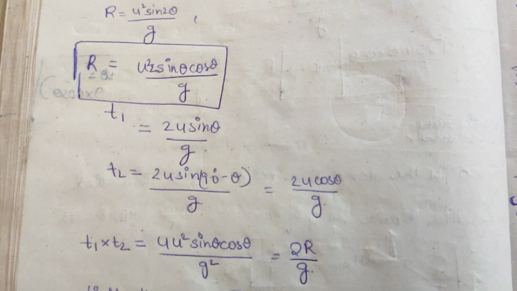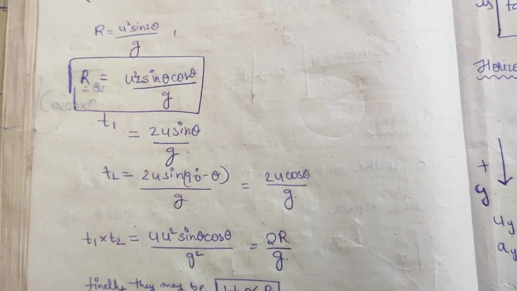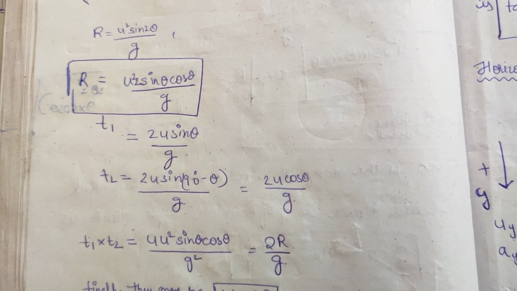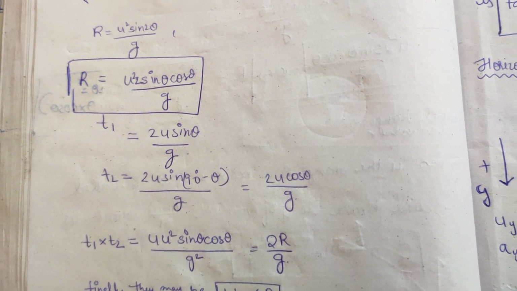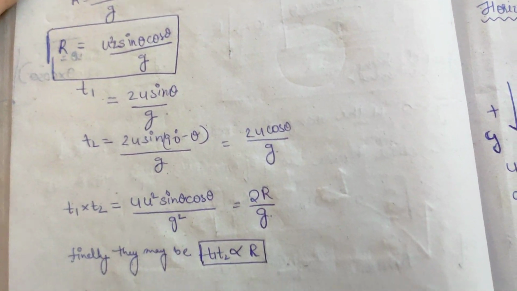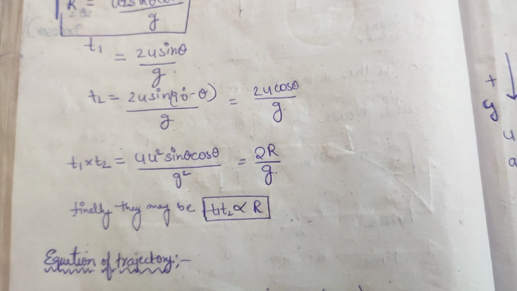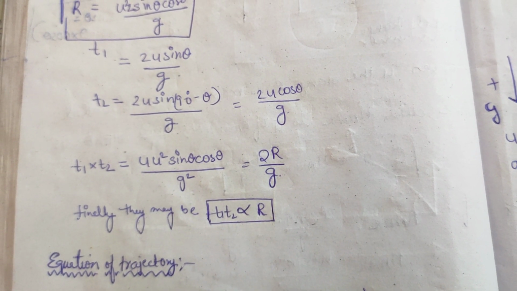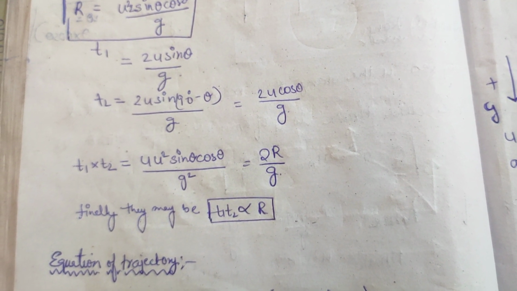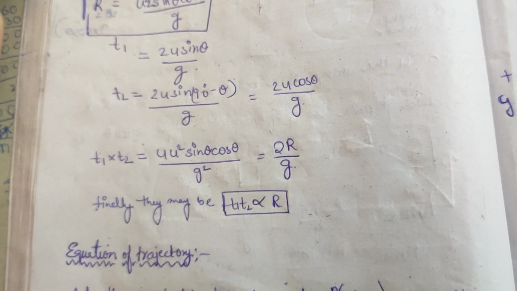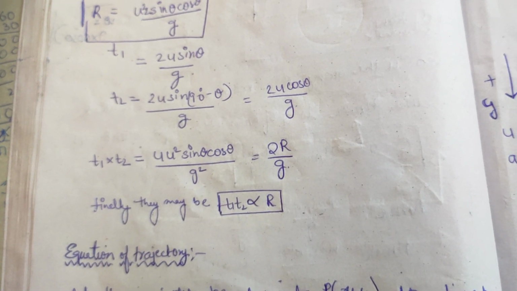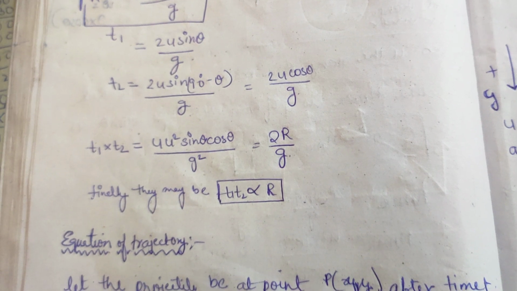So T1 equals 2u sin theta by g, T2 equals 2u sin (90 minus theta) by g, equals 2u cos theta by g. So T1 into T2 equals 4u square sin theta cos theta by g square, equals 2R by g. Finally, T1 T2 is proportional to R.